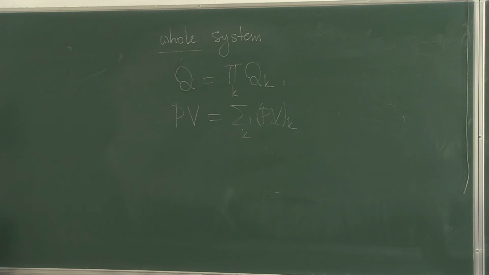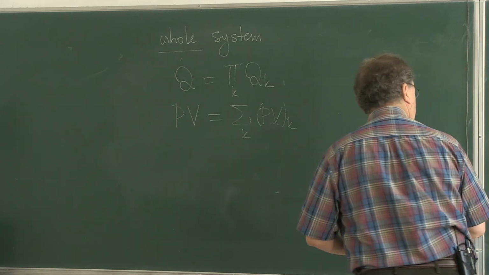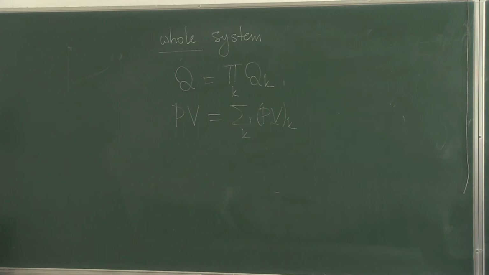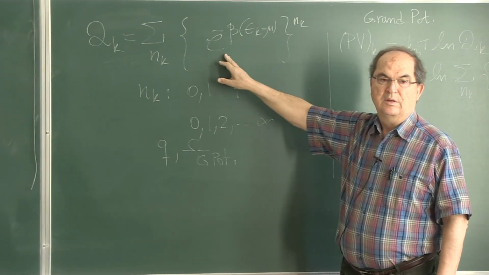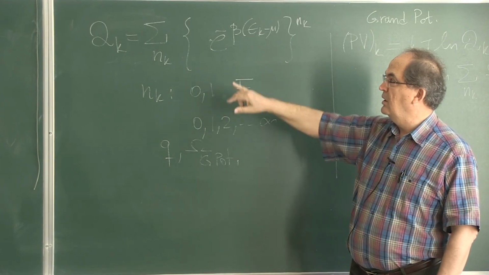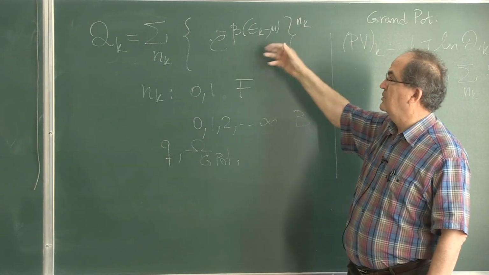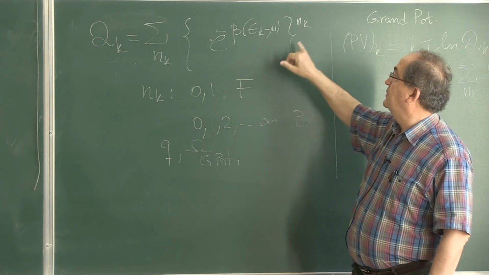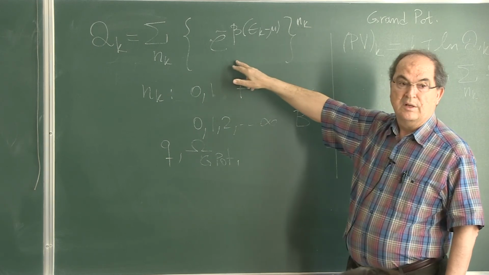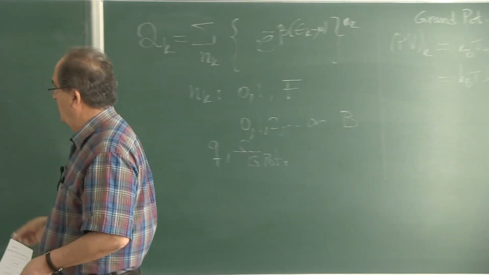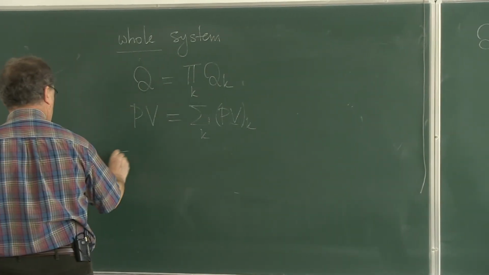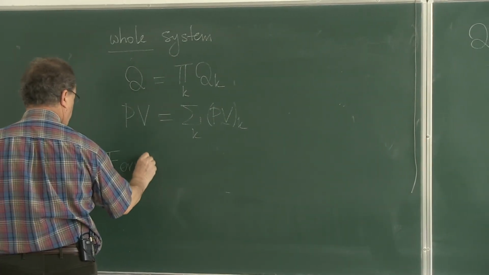Let's concentrate on fermions and get the average I want, okay? What is this for fermions? This sum has only two terms, isn't it? n_k can be 0. If n_k is 0, this is 1. If it is 1, that's the exponential. Very simple, isn't it? So for fermions, let's do it before we finish.